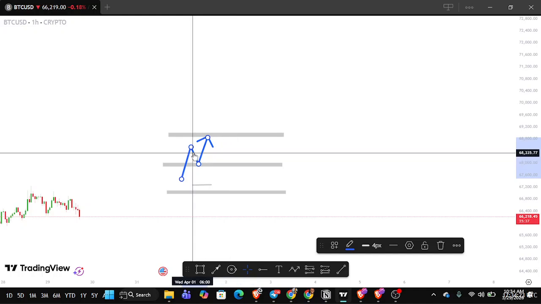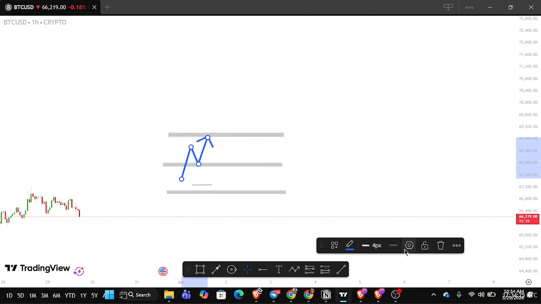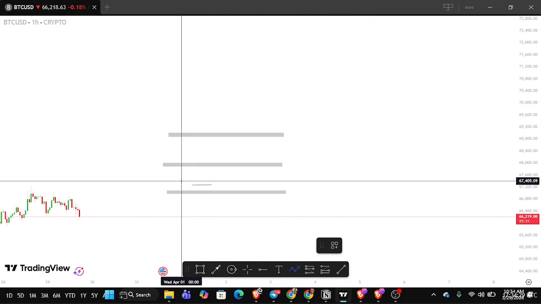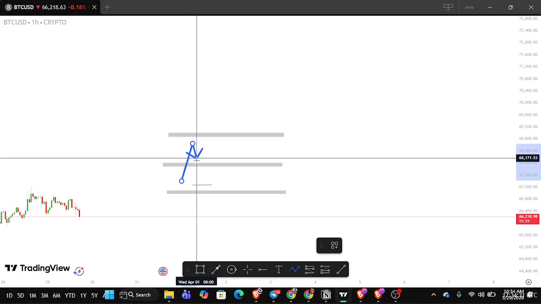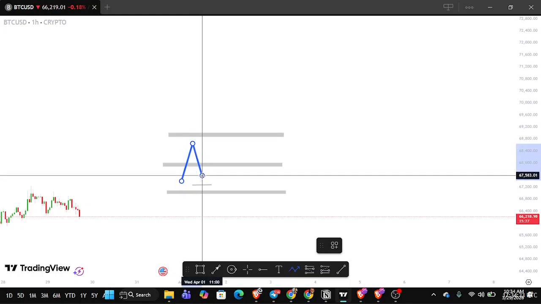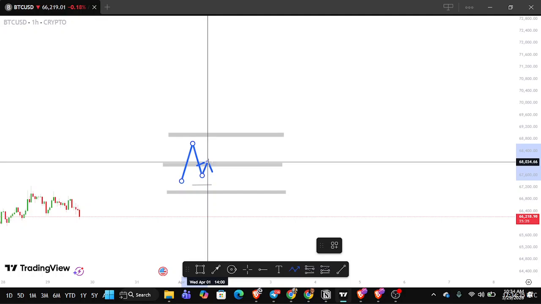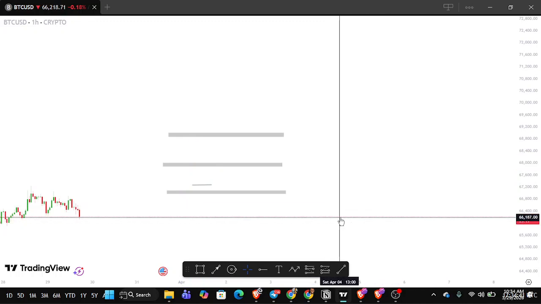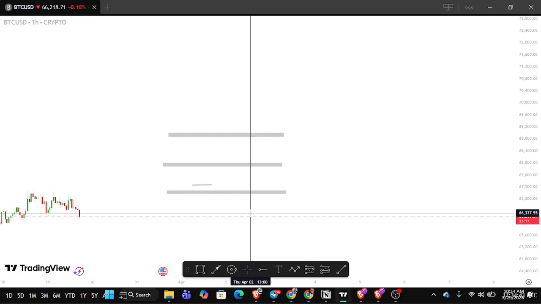But ICC works more like it breaks here, then it comes deeper, and then it gets back above. So for me, it's not fully support and resistance, but resistance and support play a big role.